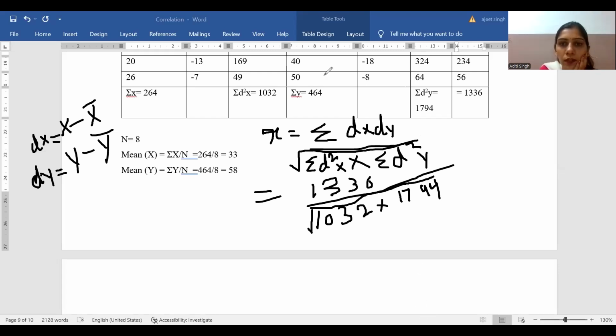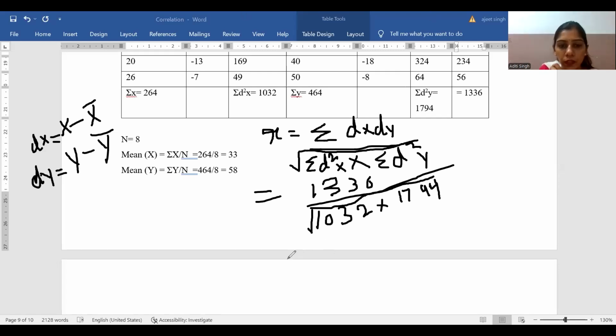The under root of 1032 multiplied by 1744 is 1341. Let me write it.